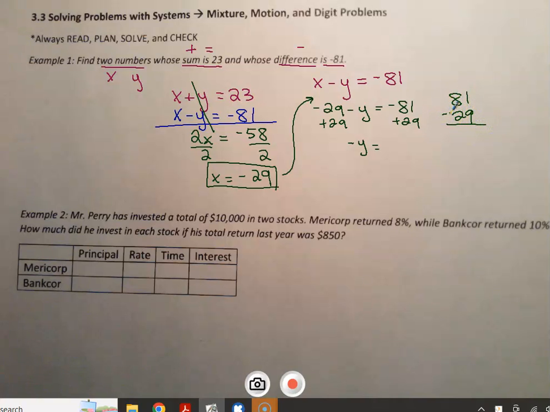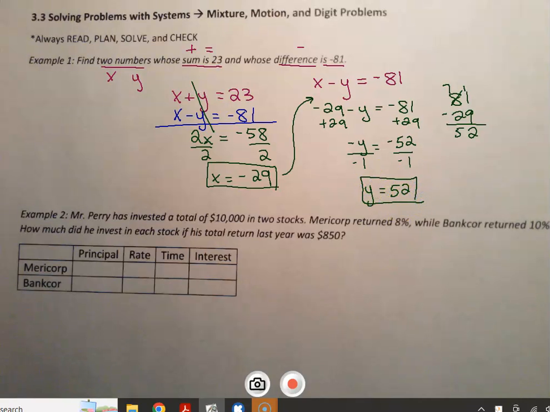I'm going to subtract those to get my difference. 81 minus 29, so I should have negative 52, I believe. Yes, okay, perfect. And let's divide by negative 1 to get a positive y. So y equals a positive 52.